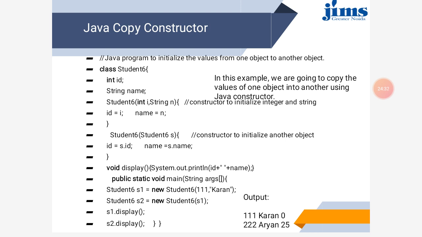One is ID and second one is name. And when we are creating the second object S2, then we are using the second constructor, and in this constructor we are passing object S1, and we are calling the display method with the help of S1 object and S2 object.